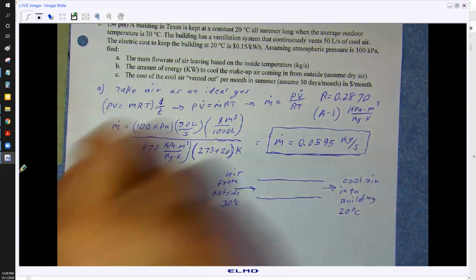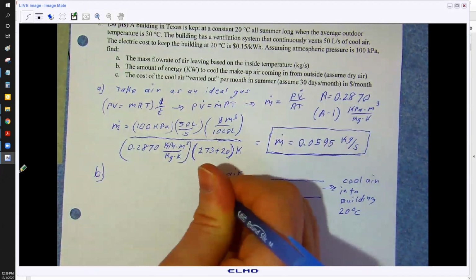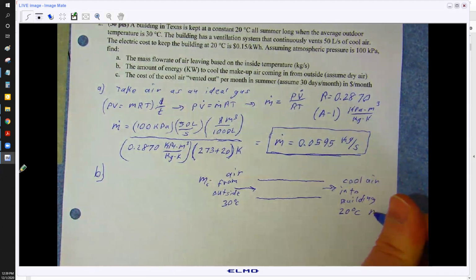Now, I also have mass flow rates, right? m in and m exit.